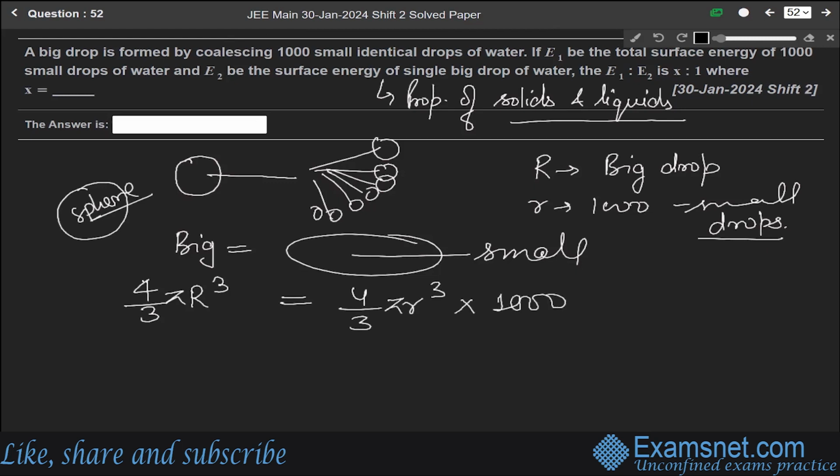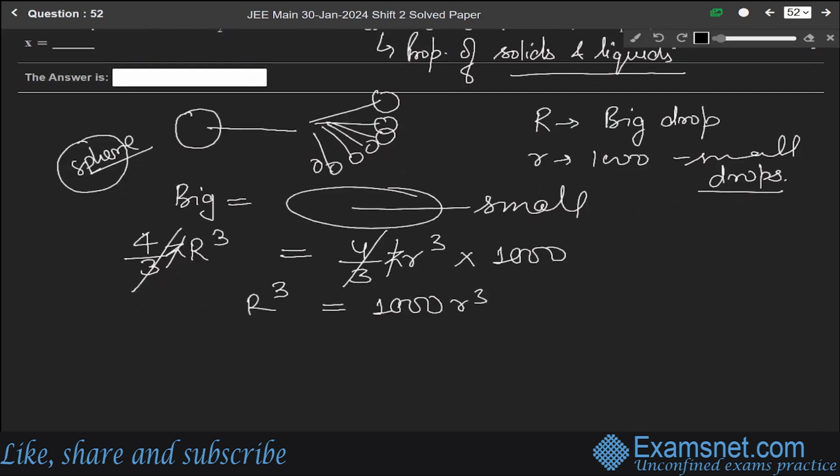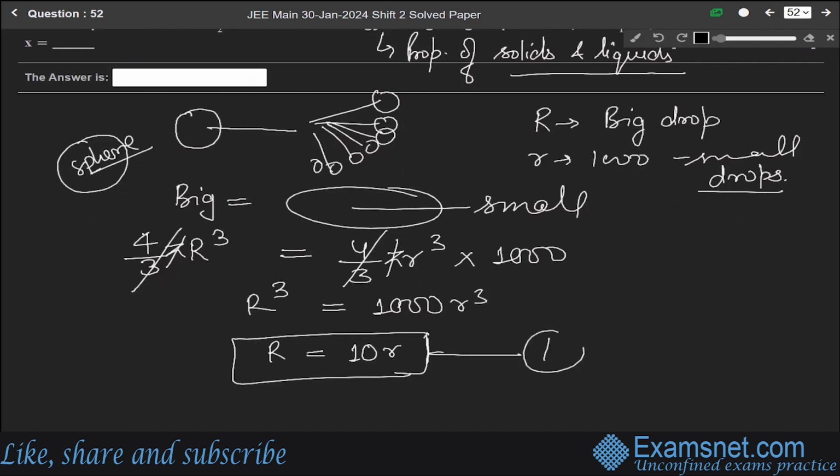So 4 by 3 cancels out, pi cancels out, and capital R cube will be equal to 1000 into small r cube. So capital R will be equal to 10r. The relation between capital R and small r is capital R equals 10r.